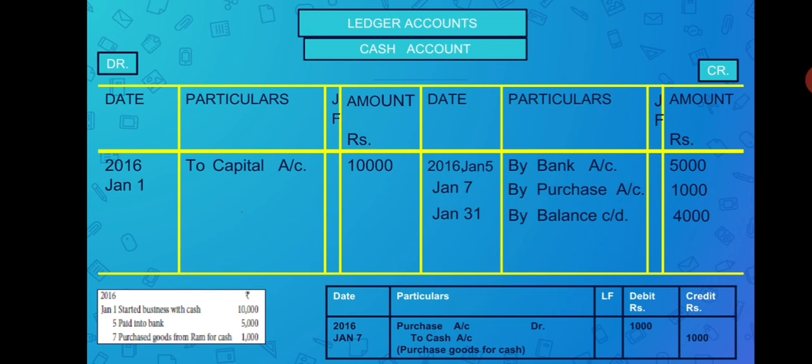Okay, now you see here debit side 10,000, credit side also 10,000. Now you want to tally this first. Okay, so draw lines on both the sides and then tally the accounts.